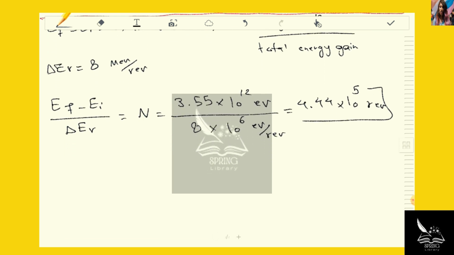Okay, now that we know the number of revolutions, in order to find out the distance traveled, we need to multiply the number of revolutions by the circumference of the ring.